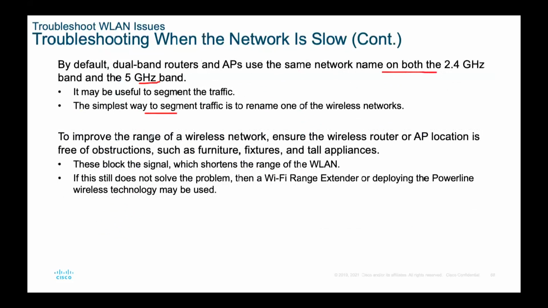To improve the range of the wireless network, ensure the wireless router or AP location is free of obstructions, such as furniture, fixtures, and tall appliances. These block the signal, which shortens the range of the wireless LAN. If this still does not solve the problem, then a Wi-Fi range extender or deploying powerline wireless technology may be used.